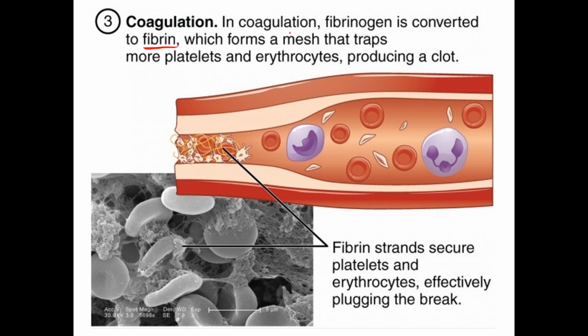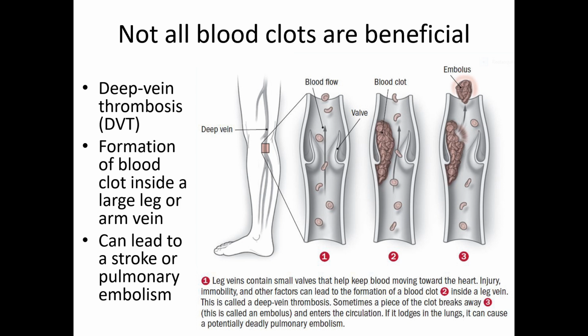But anyway, it forms this mesh, like a net, that weaves around and holds in those platelets and other things that might get trapped there. Erythrocytes, that's the red blood cells, their other name. And it produces this clot now. Then that helps to get healed up, and voila, you've prevented bleeding to death.